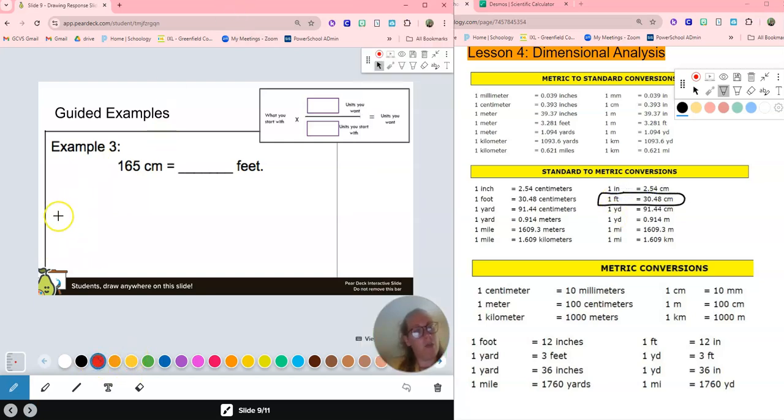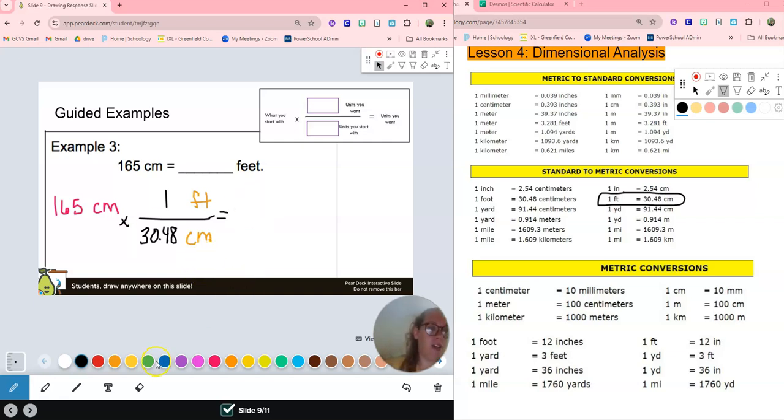So we're starting with our 165 centimeters. And we're going to multiply that by a conversion factor. We want to start with our centimeters, and in the end, we want feet. So the units that we started with, centimeters, go in the bottom. The units that we want go up top. 1 foot is 30.48 centimeters.